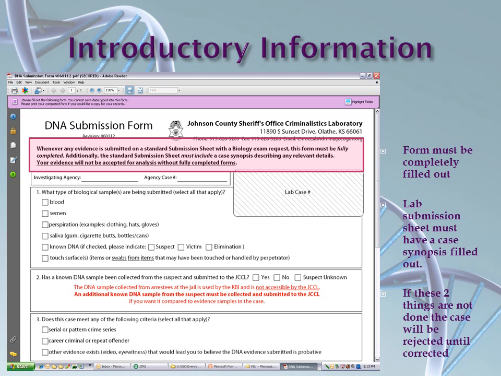Really that just comes down to we need to know case circumstances so we know how to proceed with the case and so that we know what kind of evidence we're dealing with so we can appropriately determine if that evidence can be put into the DNA database.